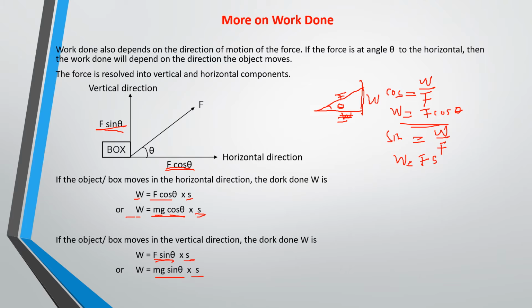I hope that explains that, so that nobody will ask me how I got F sine theta and F cos theta. So for the vertical component, you have this, then for the horizontal component, you have this. As I said, work done can depend on the direction of motion of the force, and that is what we have discussed here. I hope that is clear.